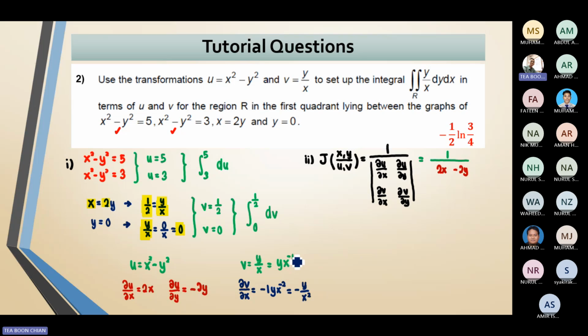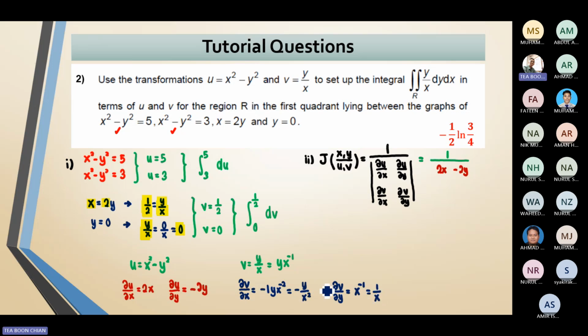Again, -1, differentiate, x power -2. y still remains there because we are now differentiating x. Now, if you differentiate the same function v with respect to y, y is differentiated into 1, therefore the differentiation will be only x power -1, or simply 1 over x.